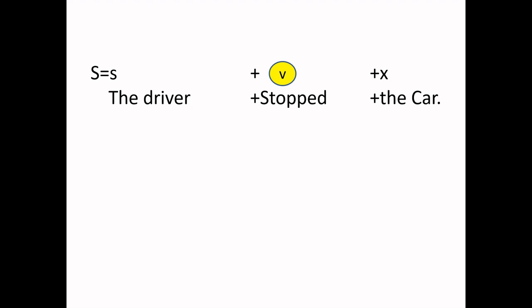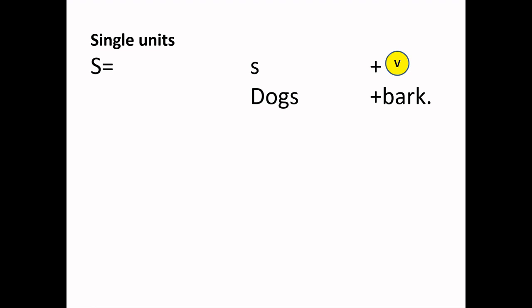Now let us start with the most basic pattern of single units. As I told you, I'll start with single units today. Now for example, if we take the verb bark, we know the particular performers of the action are barking. It should be dogs.